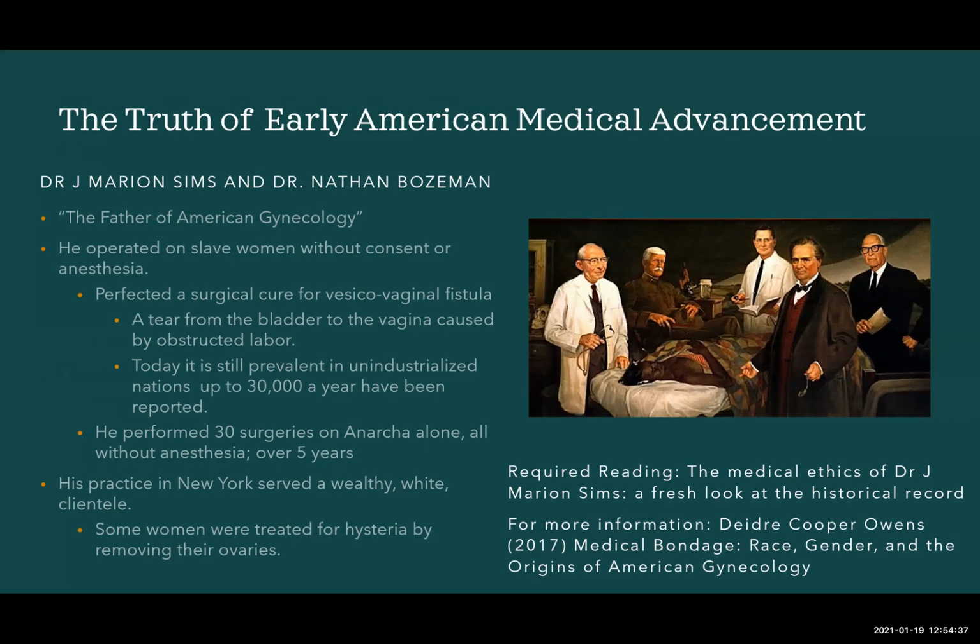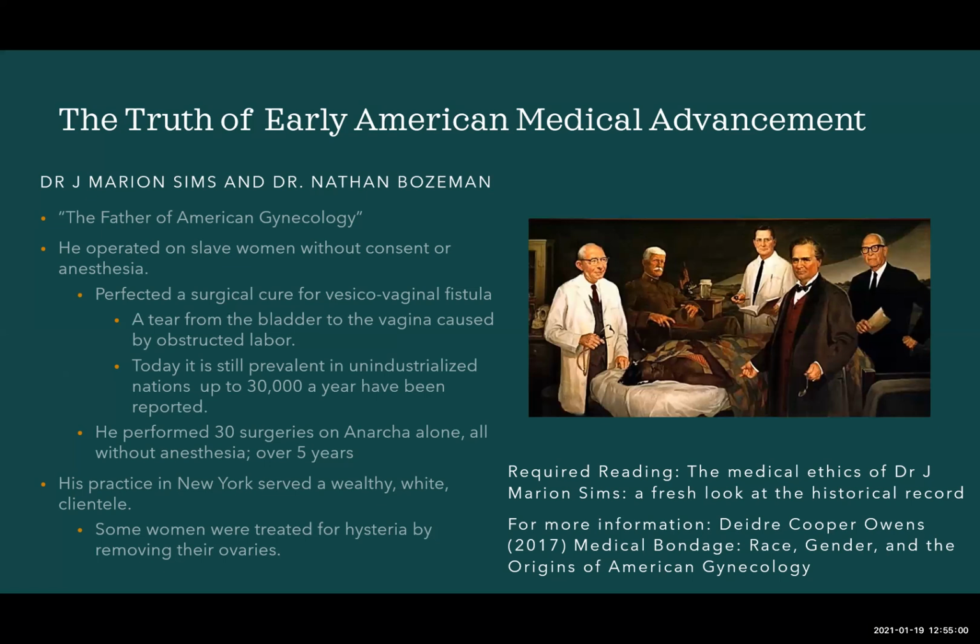And what happens is there becomes a tear between the bladder and the vaginal wall caused by the obstructed labor. With this tear, the women then continue to drain urine. They have no control.